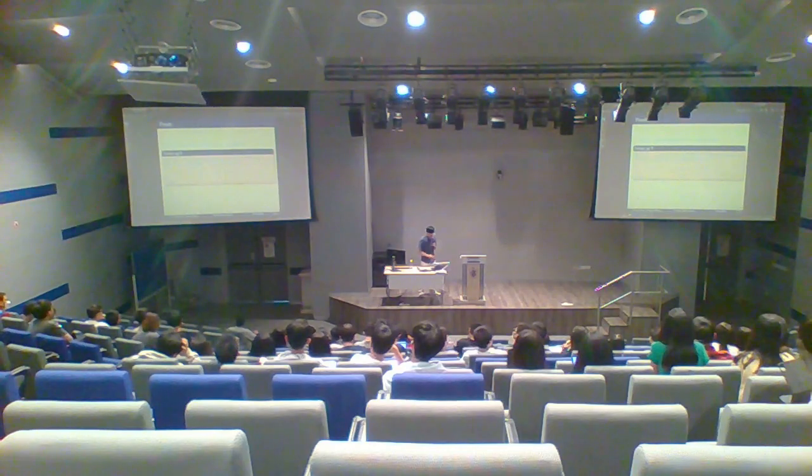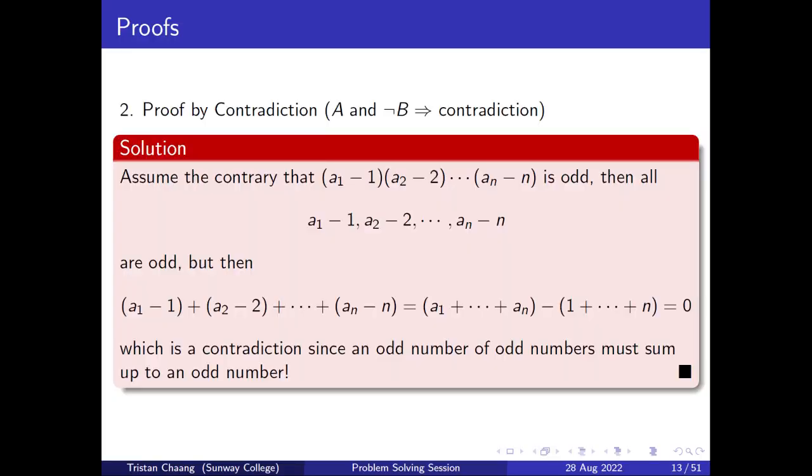So if the statement is false, that means all n numbers here, a1 minus 1, a2 minus 2 until an minus n, must be all odd, right? If one of them is even, directly you have your result already.